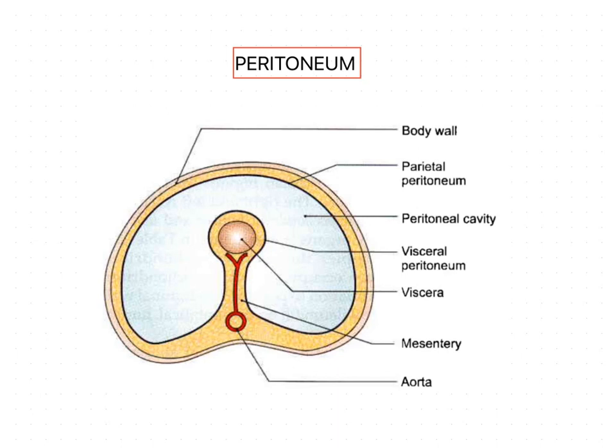The outer layer is called the parietal peritoneum and the inner layer is called the visceral peritoneum.